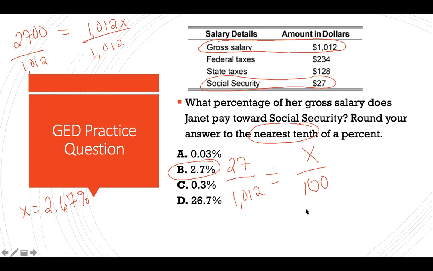The other way to do it is to just take 27, divide it by 1,012, and then multiply that answer by 100. Okay, either way, you're going to get the same answer, but be very careful because the decimal that you get is not the percent.